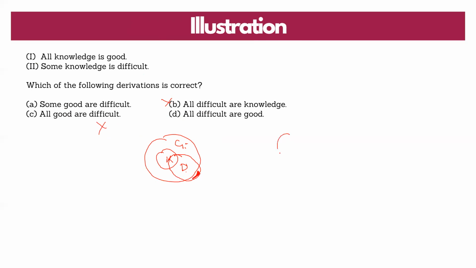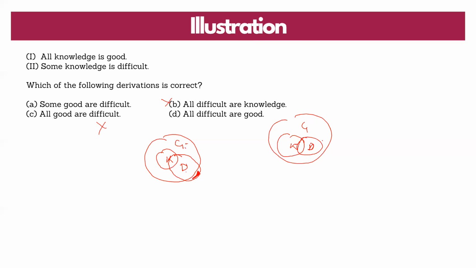Now there could be a case where people draw the diagram like this. Please do not do that, because that could create a problem. So this is something that you need to remember. You intersect it in a way that a part of it lies outside G, because the given relation doesn't mention anything between G, that is good, and D. It doesn't mention.